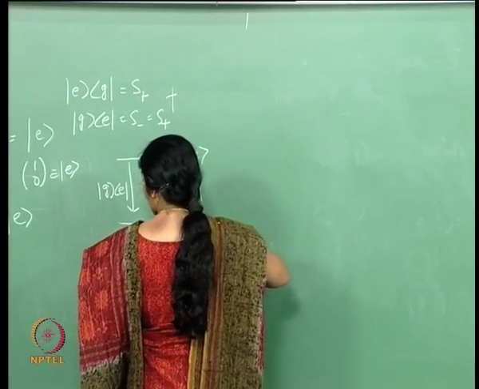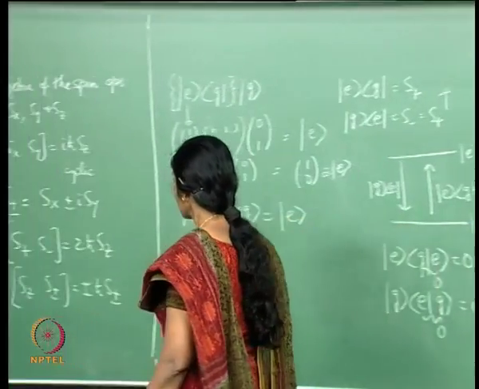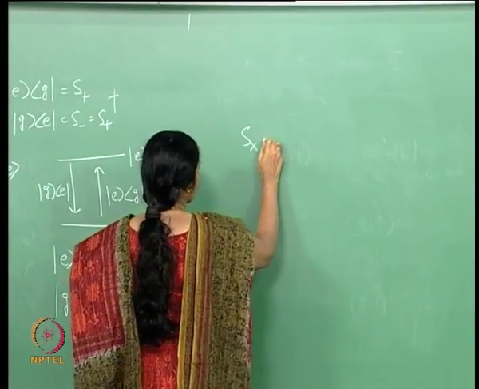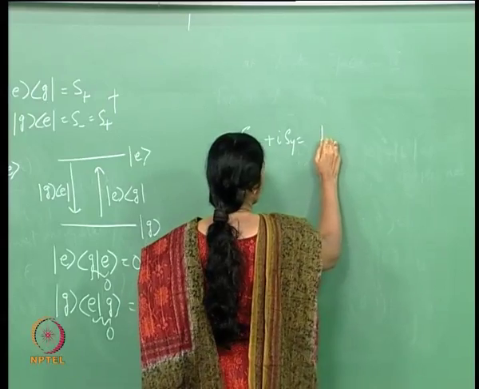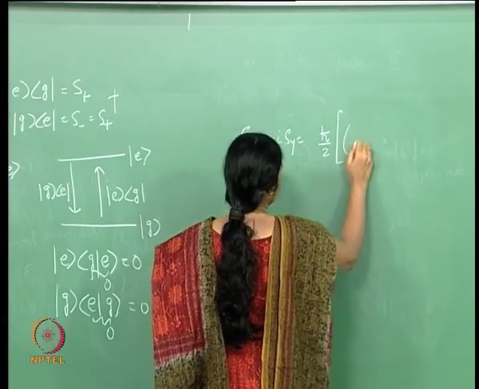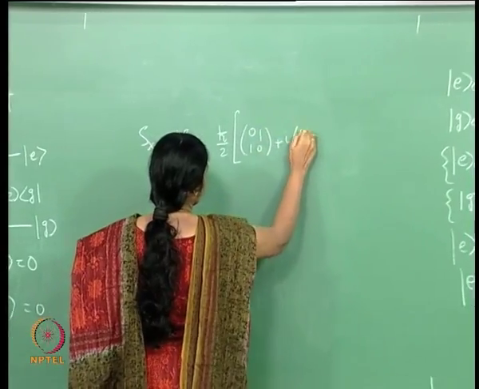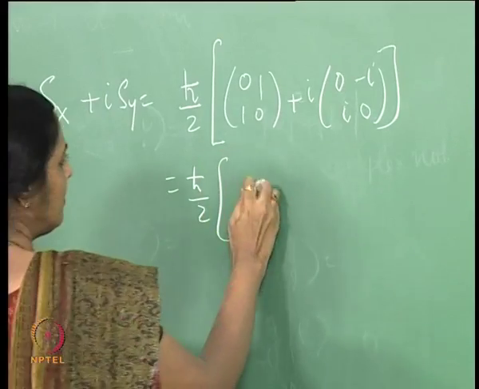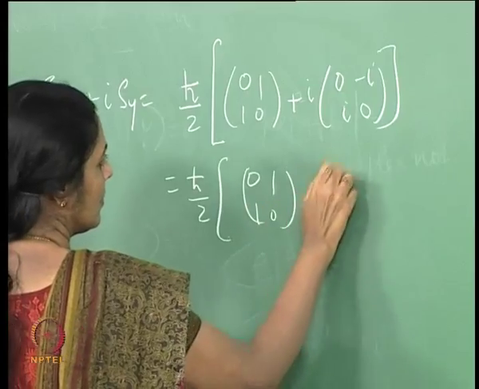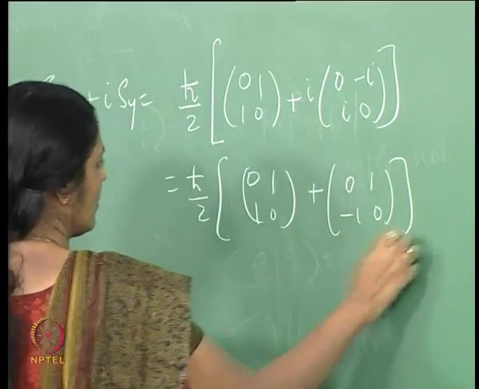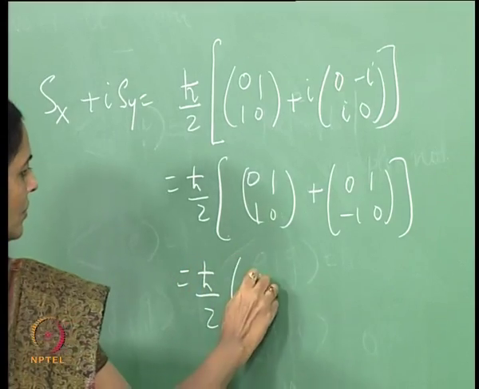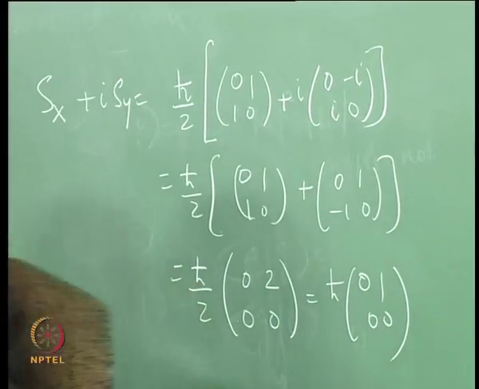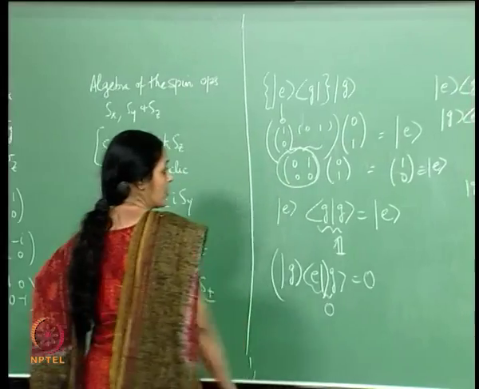Apart from a factor H cross, if you use matrix representations for S plus and S minus, you find that Sx plus i Sy, let me put in the H cross as well, simply gives me precisely what I have here apart from the H cross.